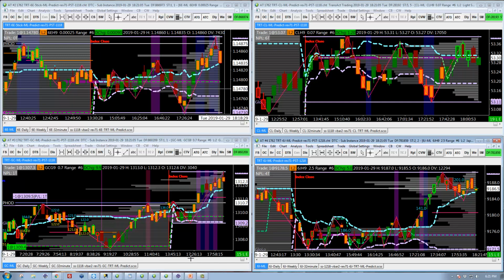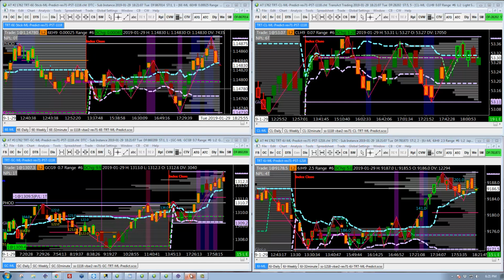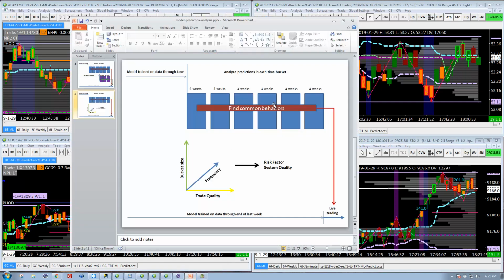So if we go back to here, every time we add another one of these buckets every 4 weeks, we go back and we do our analysis again. We drop the old bucket off, we put the new bucket on, and then redo the analysis and look at it, see how much change has occurred. All right. And that's my planned process here.